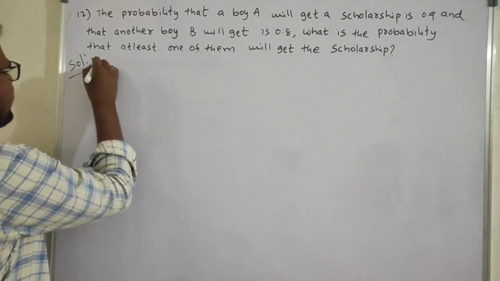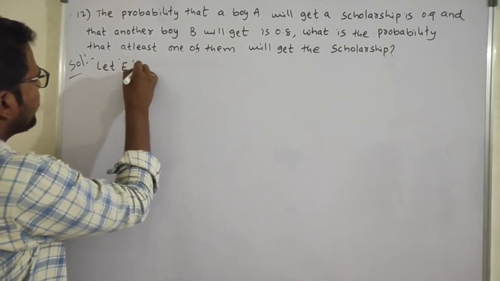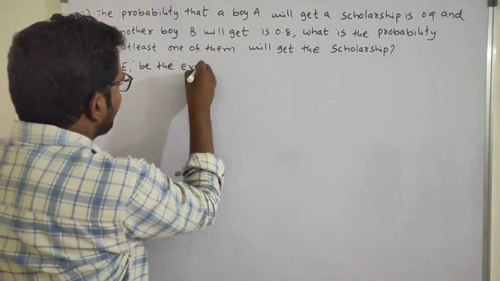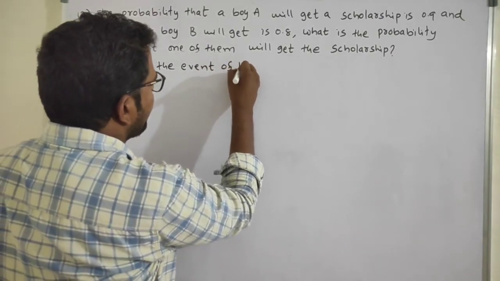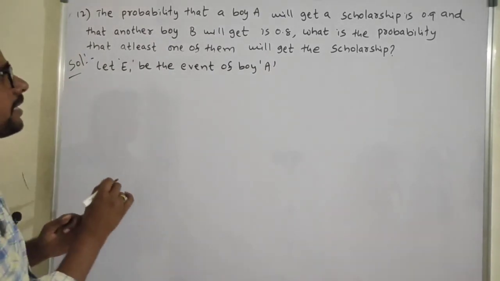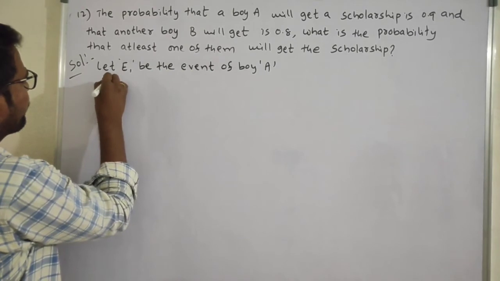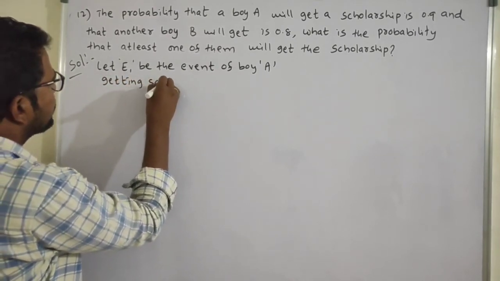So let us take two events. Let E1 be the event of boy A getting the scholarship.